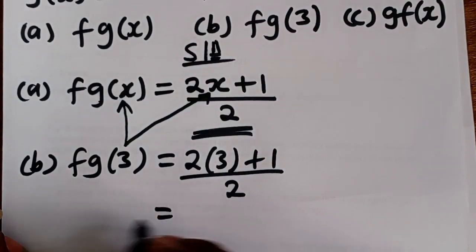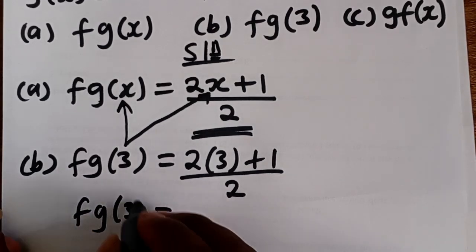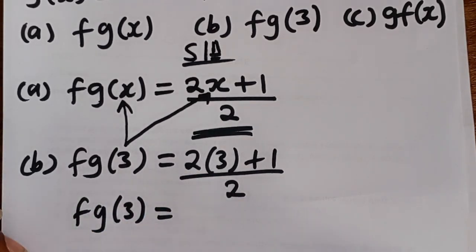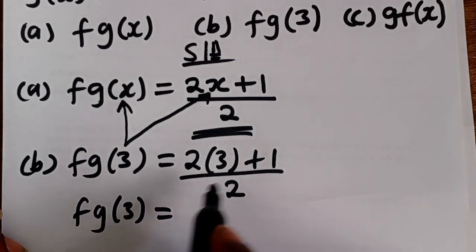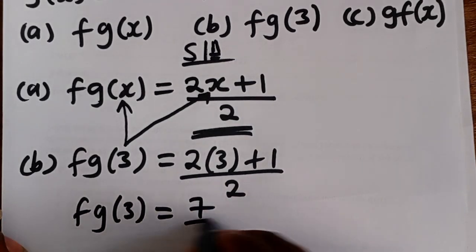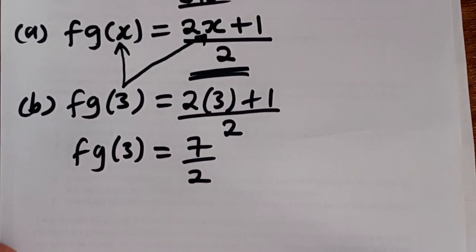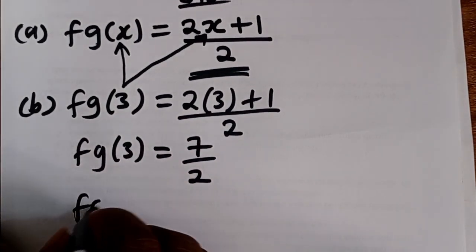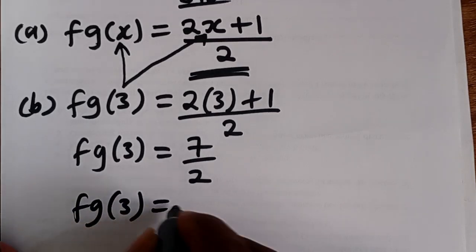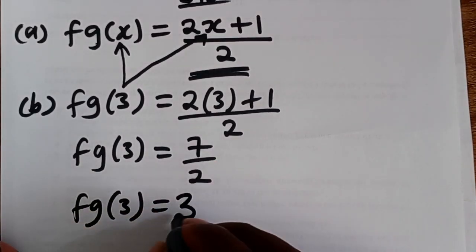So fg of 3 equals 2 times 3, that is 6. 6 plus 1, we have 7. 7 over 2.